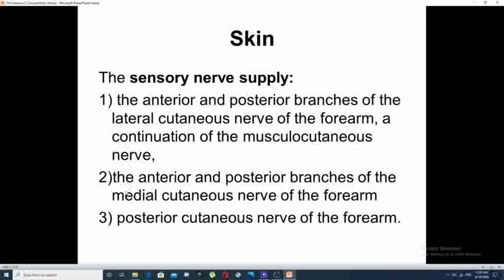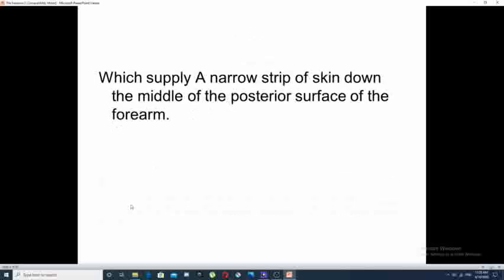Second, anterior and posterior branches of the medial cutaneous nerve of the forearm, which is a branch of the medial cord of the brachial plexus. The third, from the posterior cutaneous nerve of the forearm, which supplies skin over the posterior surface of the forearm.